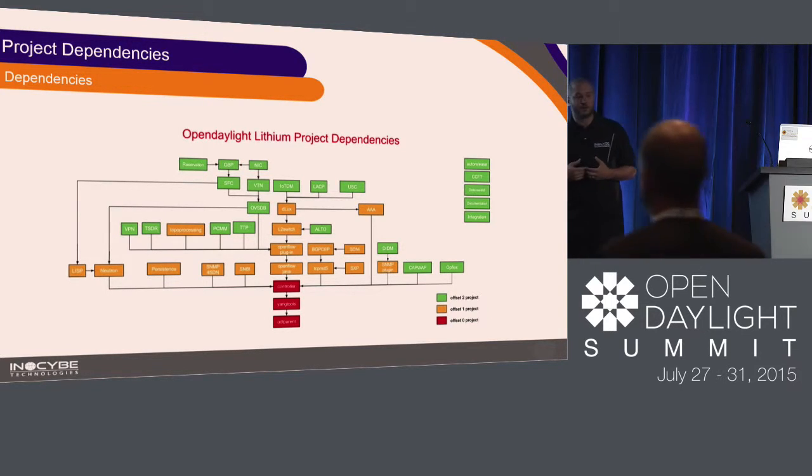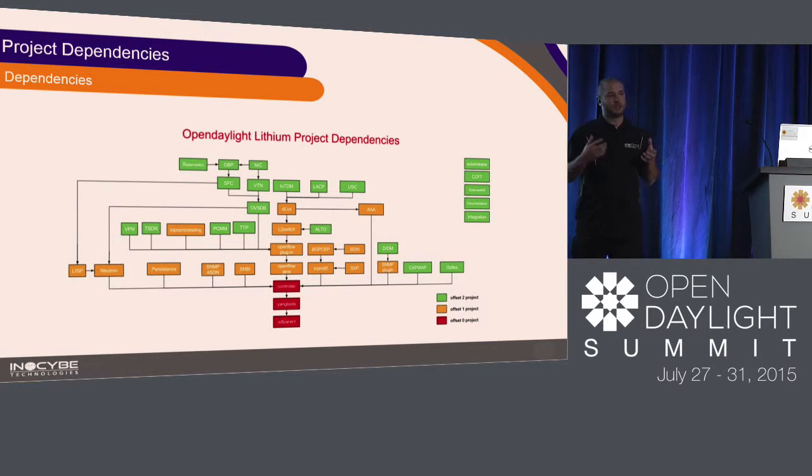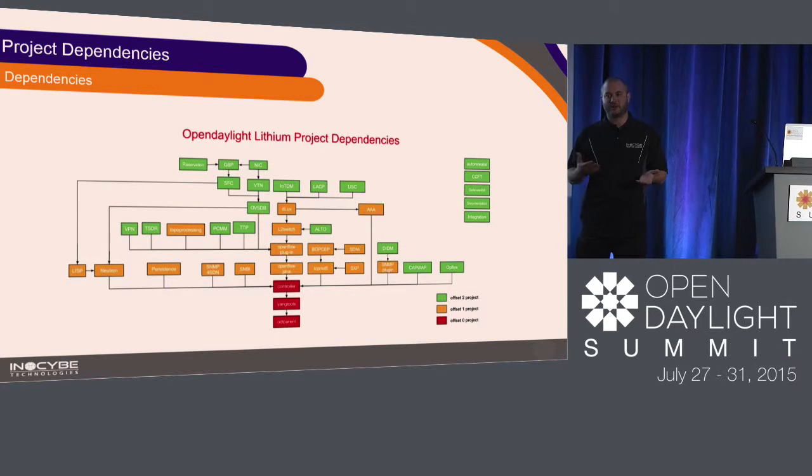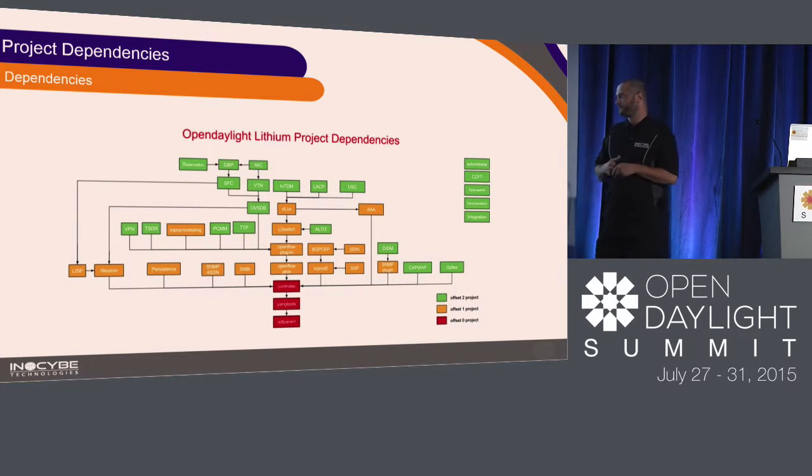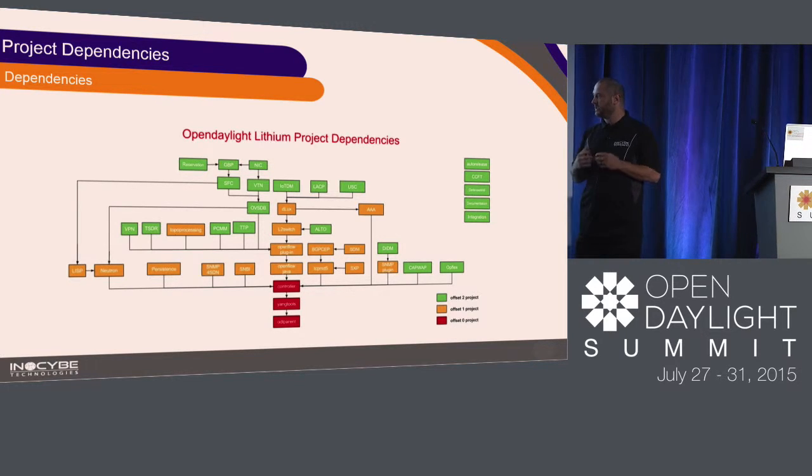Then you have Yang Tools. What Yang Tools does at its core is it parses Yang. And Yang Tools is a very, very important project because it is the foundation of the way the different components communicate.